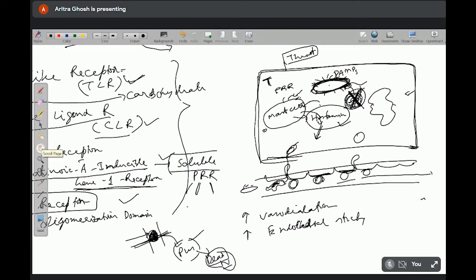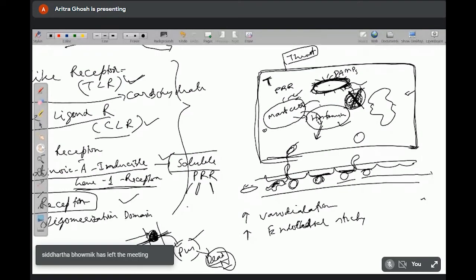So fever is coming, that means these interleukins, and it may be TNF alpha also, tumor necrosis factor alpha, these are all cytokines.